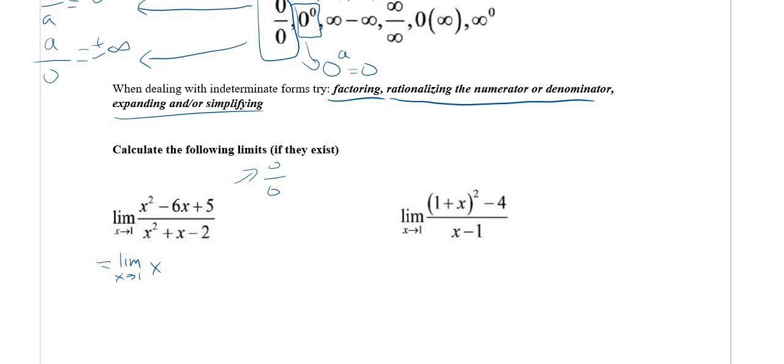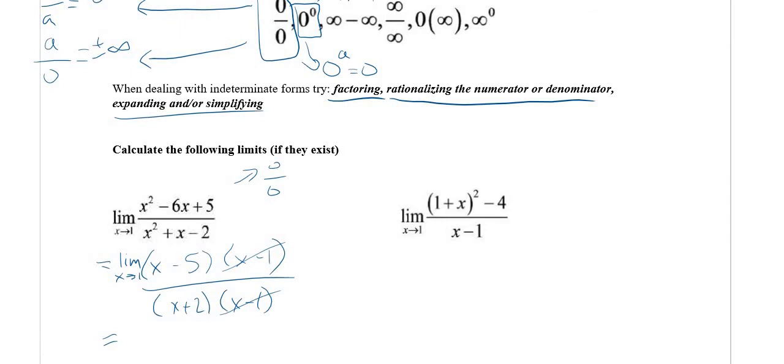So for this one, let's take a look up top. We can factor this, and that would look like (x minus 5)(x minus 1). On the bottom, if we factor, it should be (x plus 2)(x minus 1). And you notice here, we have two sets of brackets that cancel.